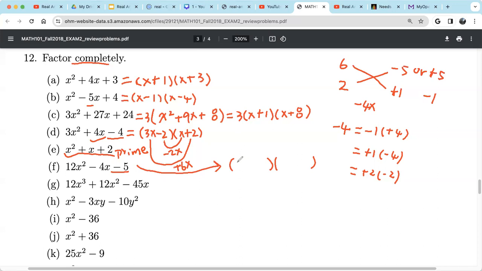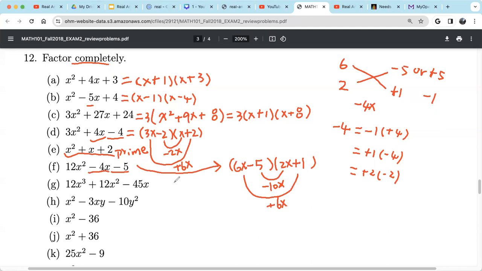So that means we can factor this as 6x minus 5 and 2x plus 1. In this case, we have a negative 10x, positive 6x, adds up to be negative 4x, which is the middle term.